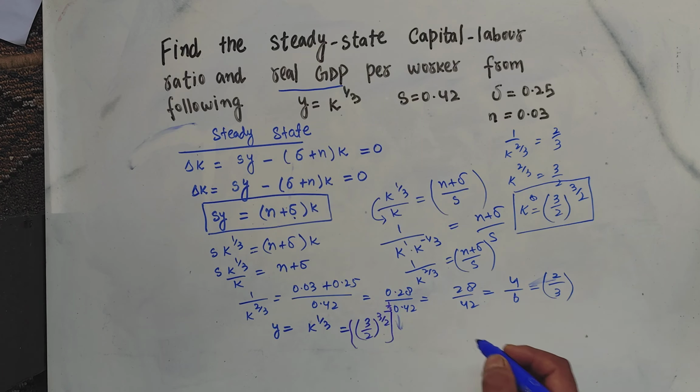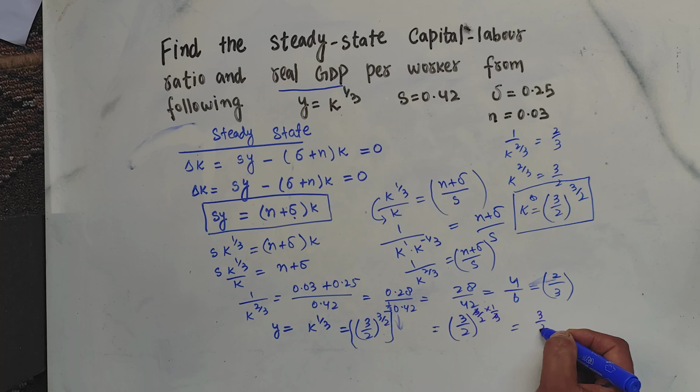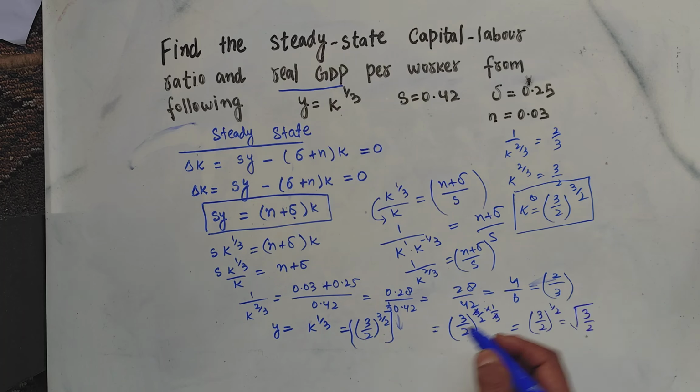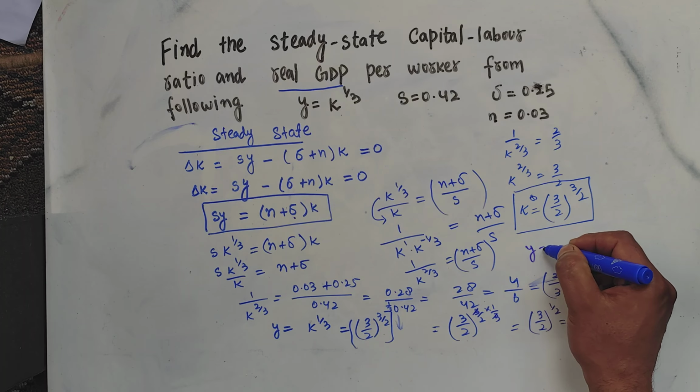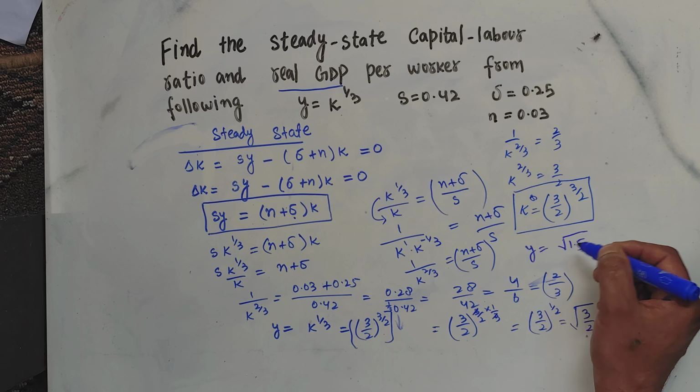So it becomes (3 upon 2) raised to the power 3/2 times 1/3. The 3 and 3 get cancelled, so we are left with (3 upon 2) raised to the power 1/2, which is equal to the square root of 3 upon 2. So the real GDP per worker is the square root of 3 upon 2, which is about 1.5.